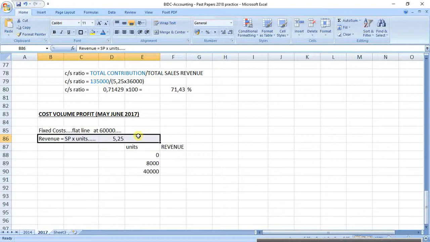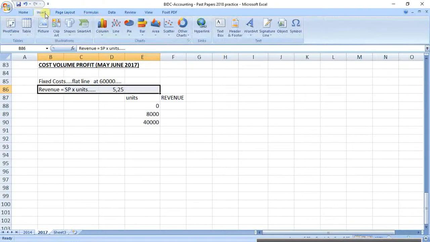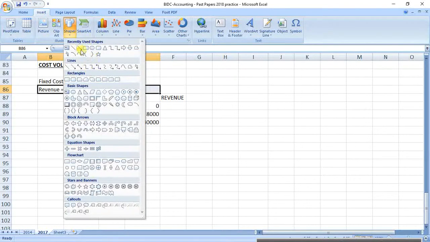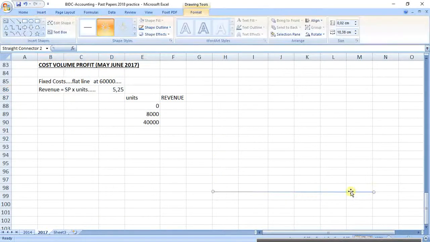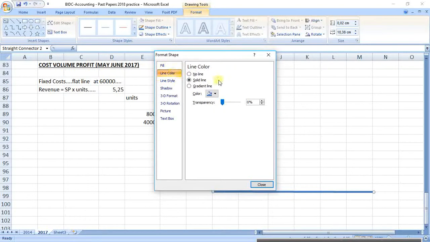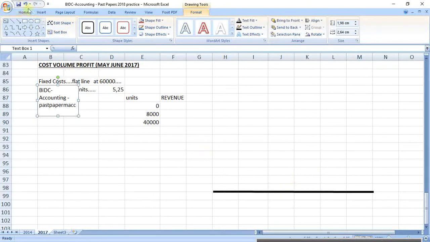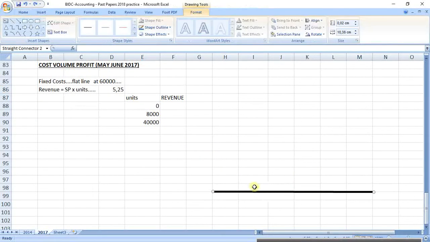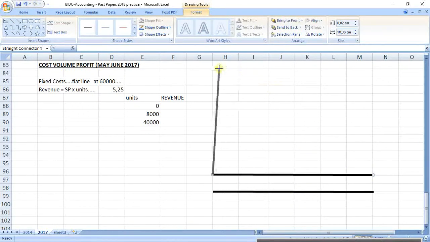Okay, so here we've got units. I think I can actually draw it here instead of swapping to the other page. Yeah, I'll draw it here. So units we had 0, 4,000 and 8,000, and 40,000. So you choose any random points? Just random points just so I can get the line. I just want a nice, straight, accurate line.